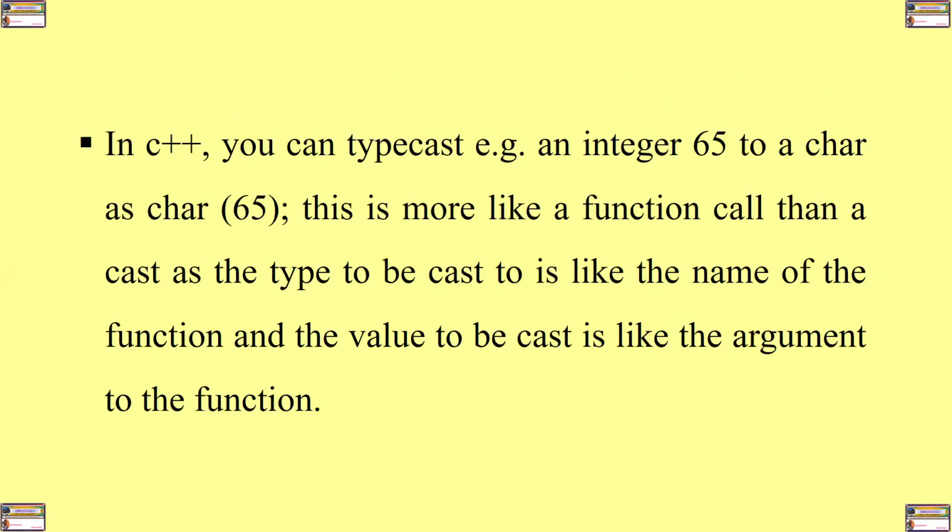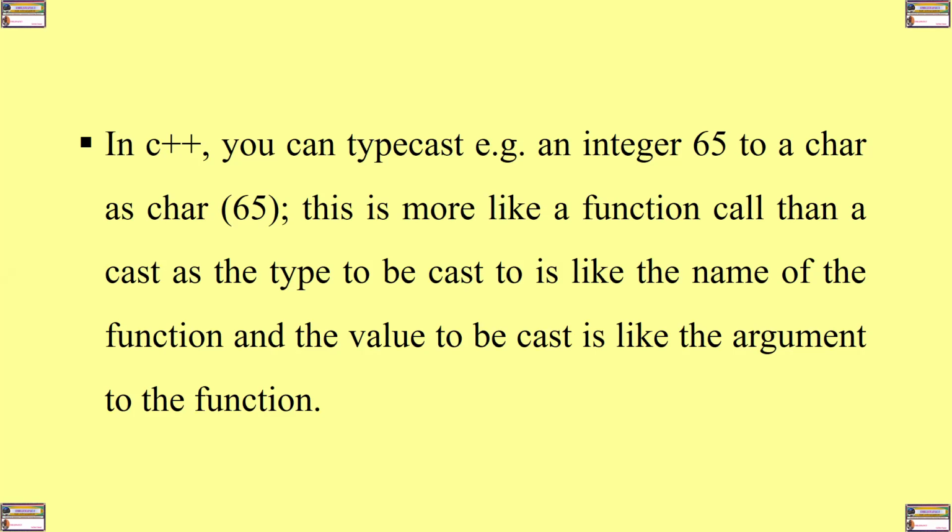In C++, you can typecast, for example, integer 65 to be of type char by enclosing 65 in a pair of parentheses preceded by char. That is char, then we have opening parentheses, 65, closing parentheses, and a semicolon.